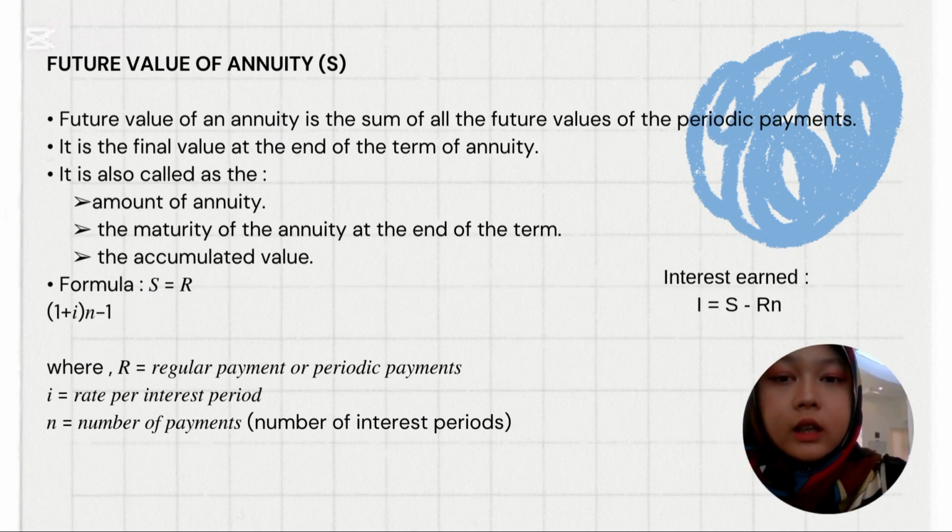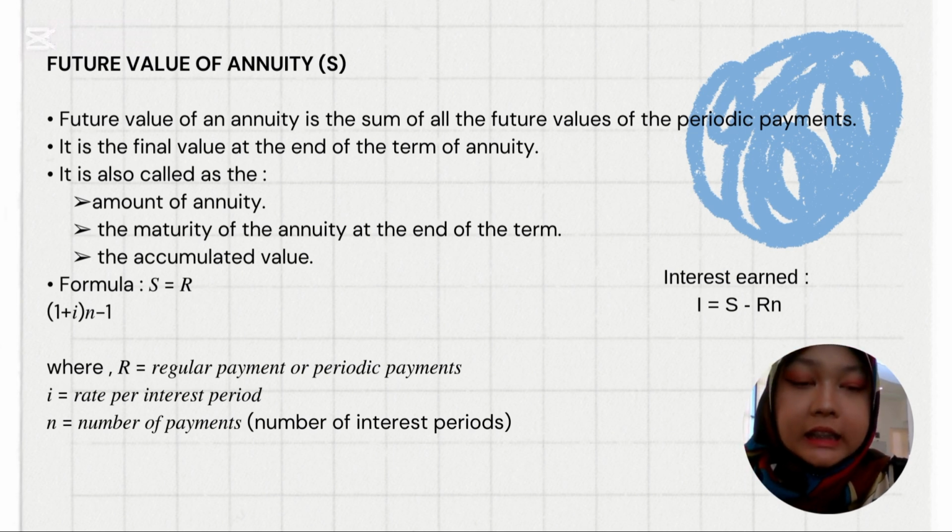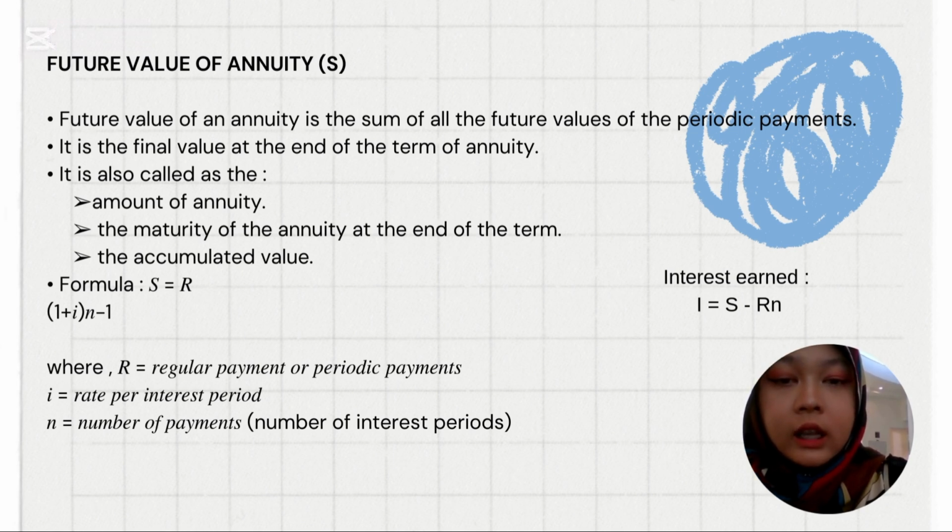For annuity, the future value is the sum of all the future values of the periodic payments. It is the final value at the end of the term of the annuity. It is also called the amount of annuity, the maturity value or accumulated value.